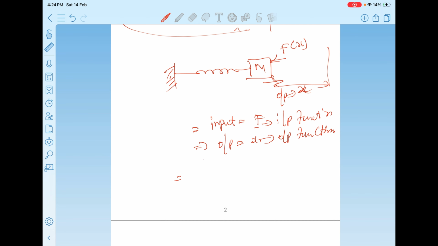Later we divide F of s by X of s, and we will get the transfer function T. Next time, if this transfer function is known, now we have calculated it for distance x, if you want to calculate it for x2, then just use this transfer function and you will understand the behavior for x2, x3, x4. That is the advantage of transfer function.